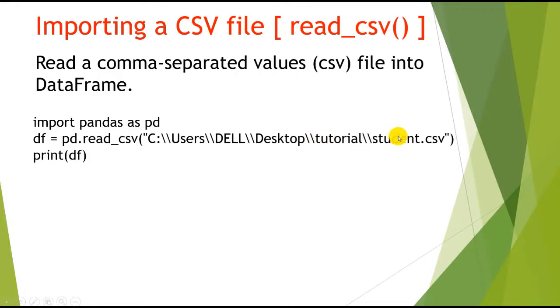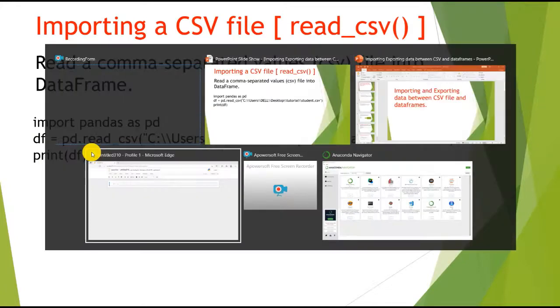So you need to mention the full path where the CSV file is present in your system. Once you read this CSV file, the contents of this file are stored in an object called df, which is just a data frame.